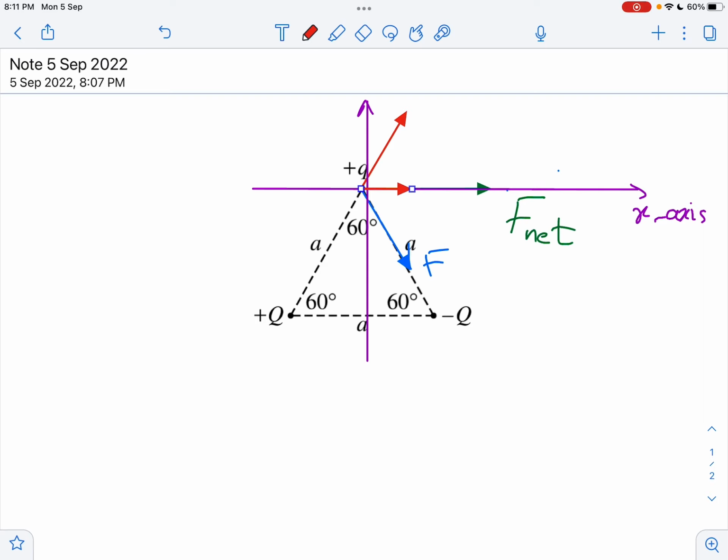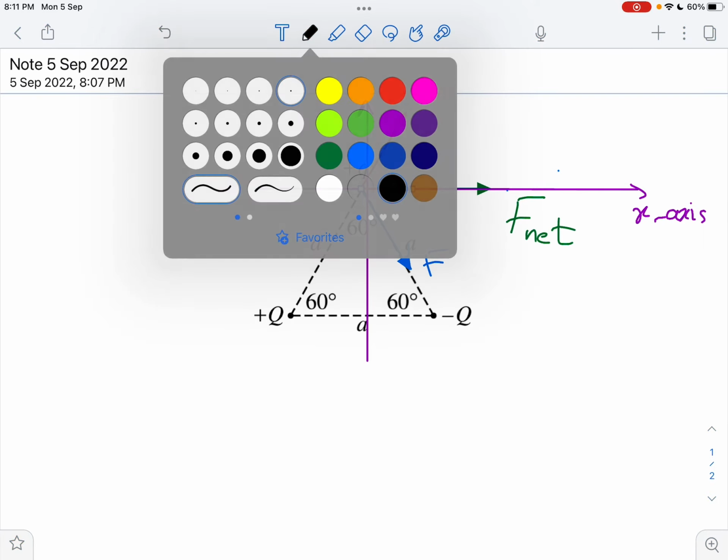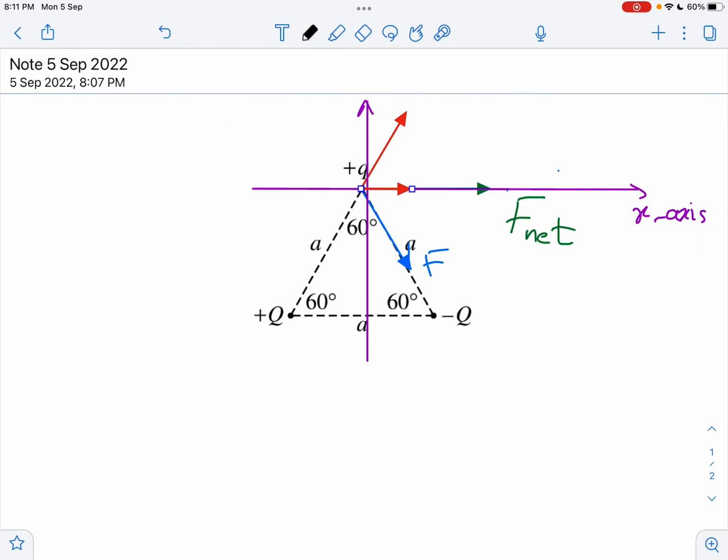So to find the x component, let's first find the angle between the x-axis and the blue force. By symmetry, this angle here is the same as that angle, so it's going to be 60 degrees. So Fx, the x component of the blue force, is going to be F cosine of 60. And we know what F is.